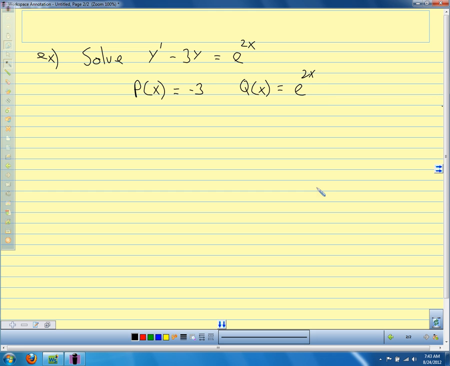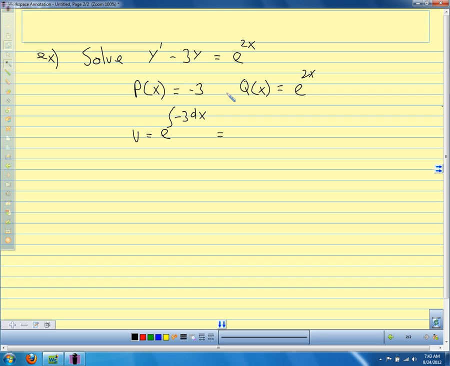So we need to find our integrating factor. So u is e to the integral of p of x dx. So we just have -3 dx. And when we find this integrating factor, we're not worrying about the constant of integration.